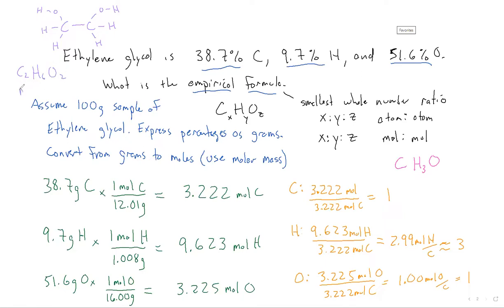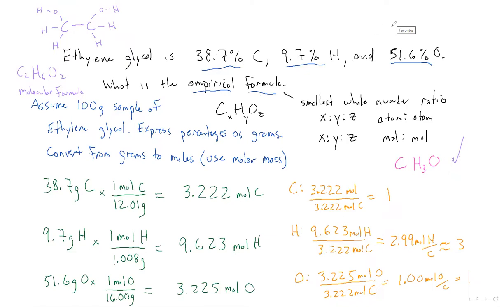So this is the molecular formula. And you can see that it's in the ratio of 1 to 3 to 1. So our answer is right. So it checks. So this is how you use experimental data to determine the empirical formula. Any questions?